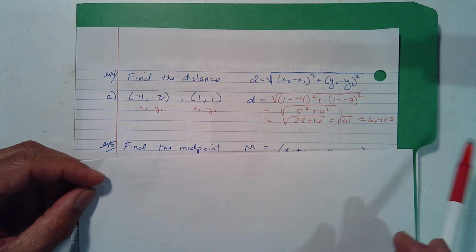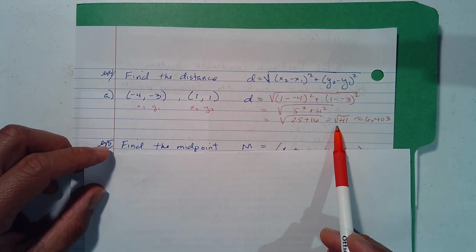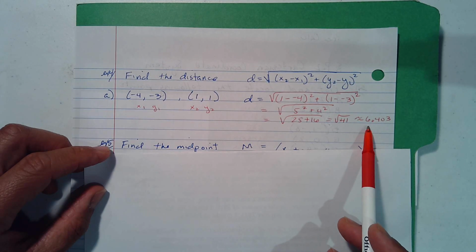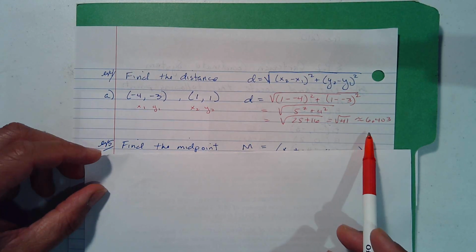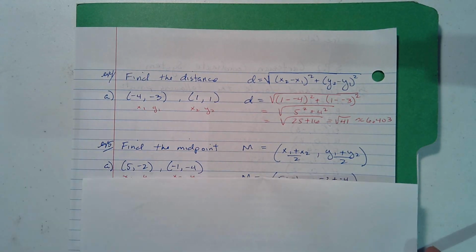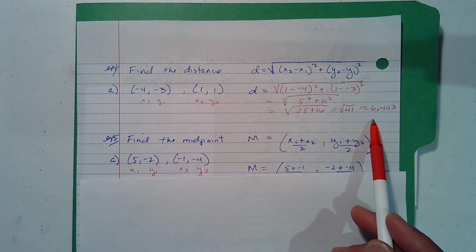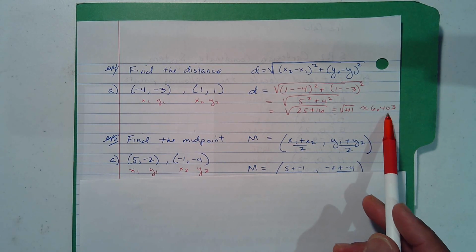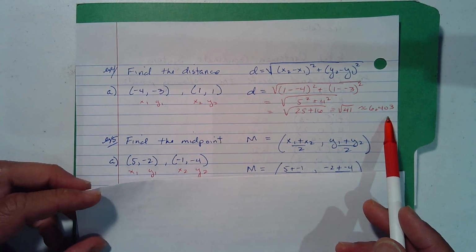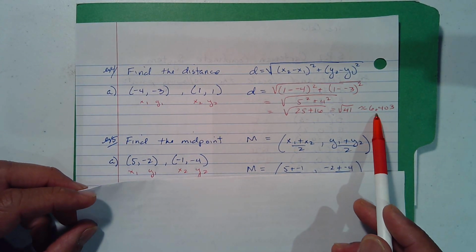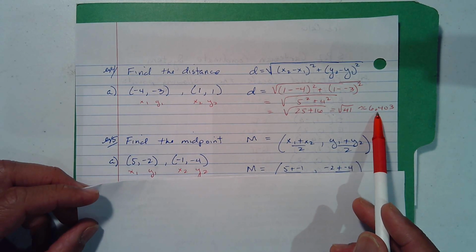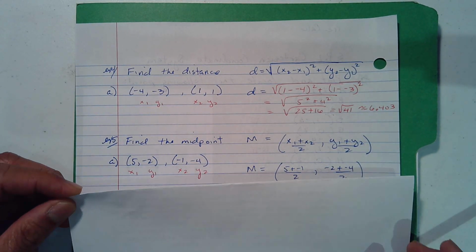Again, this is from geometry. We'll have the square root of 41, which is roughly 6.403. If I don't say to round off to a certain number, go 3 digits to the right of the decimal. That's important because when you take calculus, you're always going to be asked to round off to 3 digits to the right of the decimal.